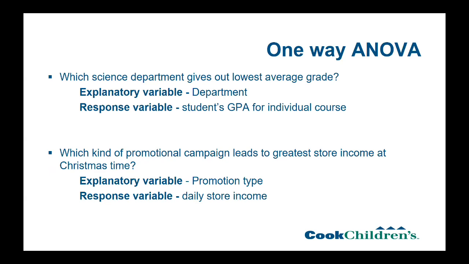And another example is when you're trying to answer the question, which kind of promotional campaign leads to greatest store income? So the independent variable in this case will be the promotional campaign type, and the dependent variable will be the daily store income.